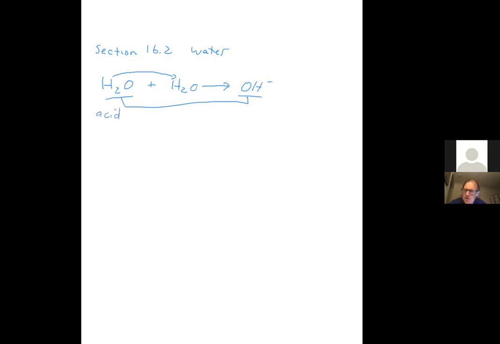We could have had the second one act as an acid. It doesn't matter which one you pick. The first one we're going to say is acting like an acid. That means the second one is acting like the base. So what it's doing is accepting the H plus. So you get H3O plus. By the way, these are aqueous because they're dissolved in water. Ions generally dissolve in water, and these are liquids, most likely.